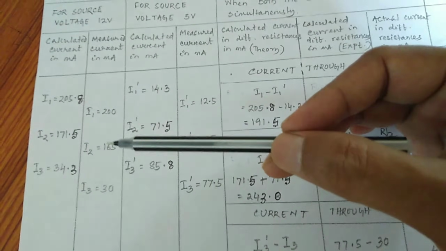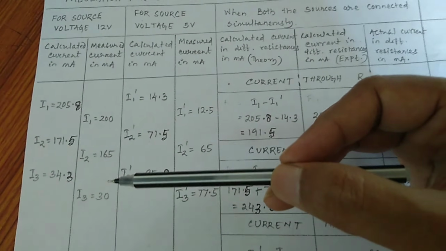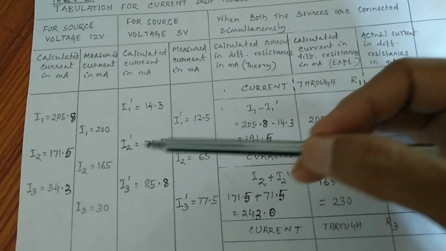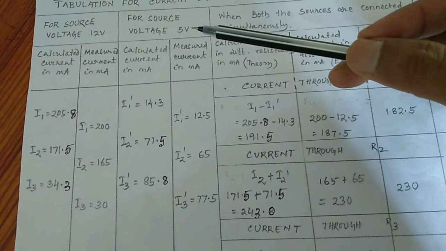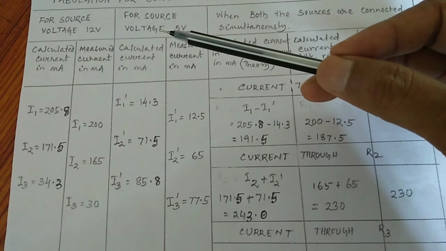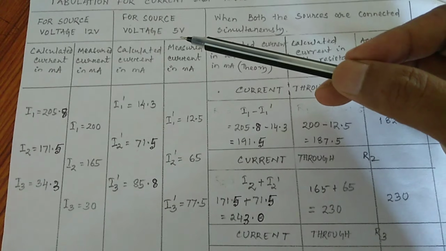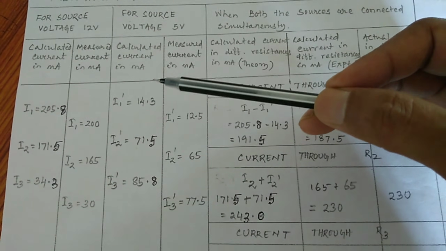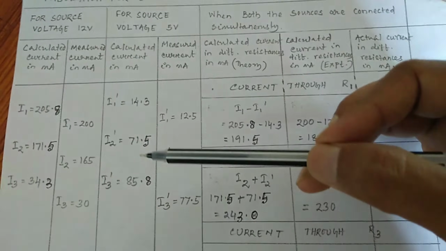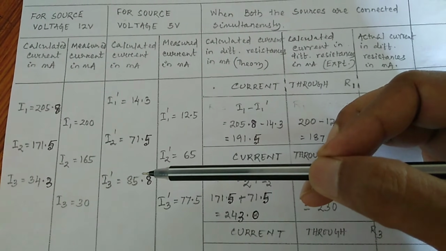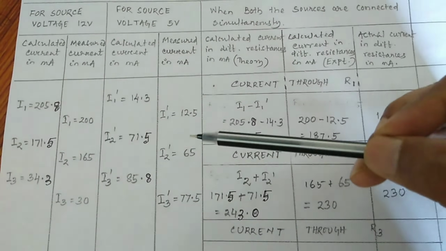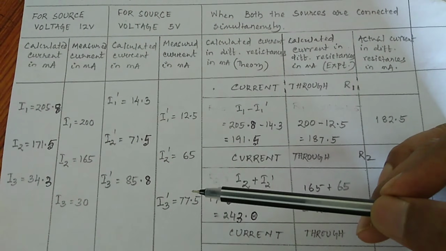And using the 5 volt source also, you measure the current and experimentally determine it, exactly in the same way. The procedure is the same, and these are the current values for the 5 volt source, you see.